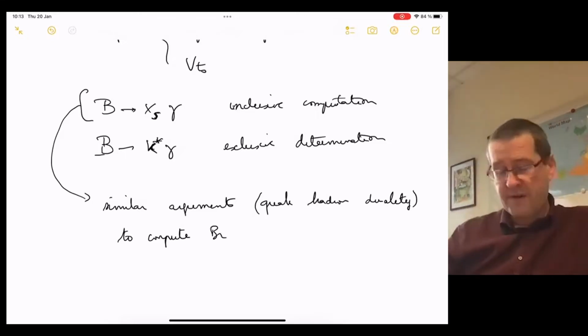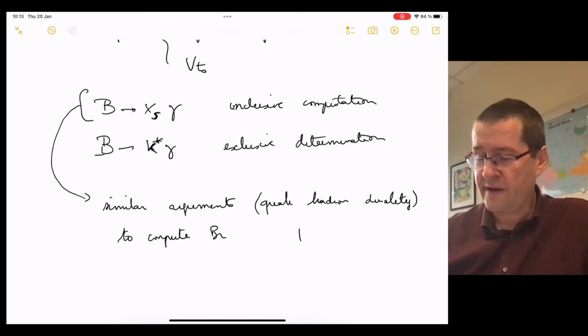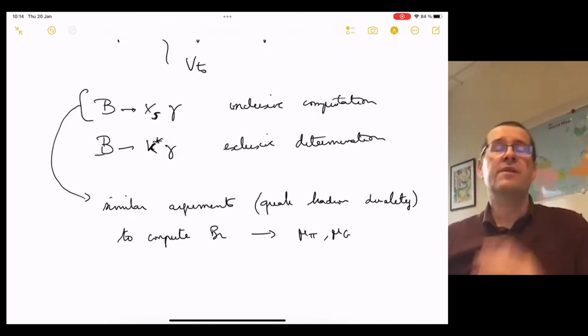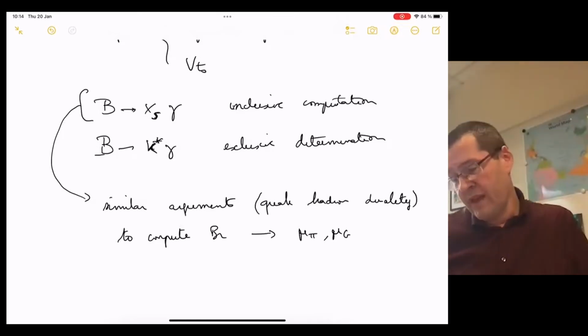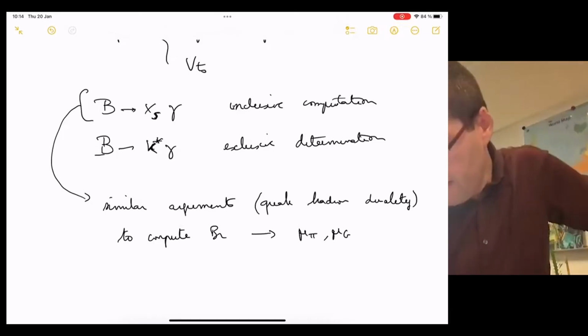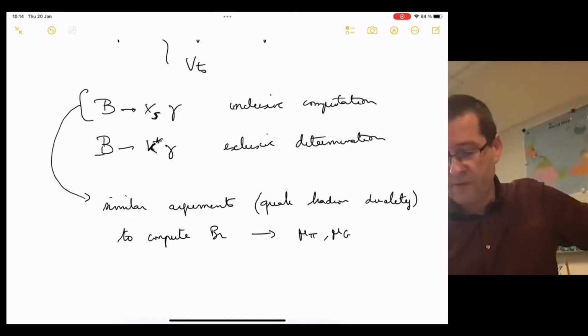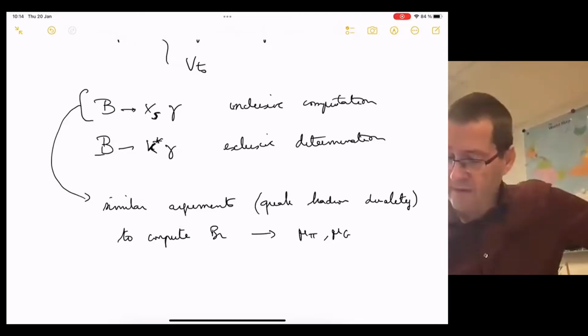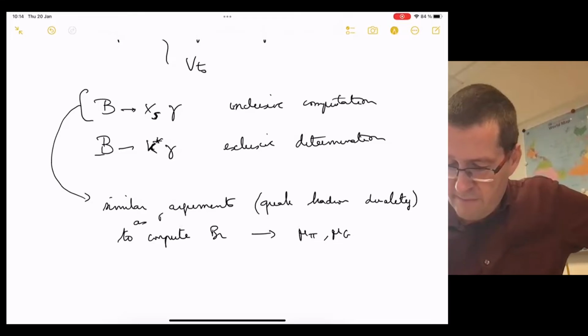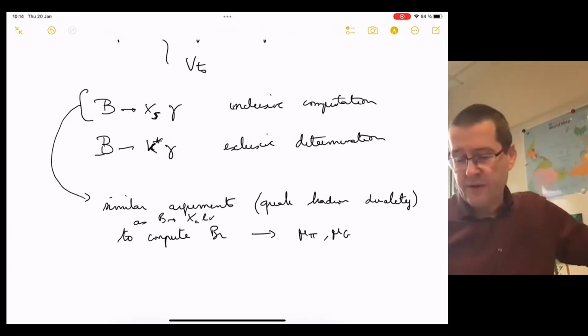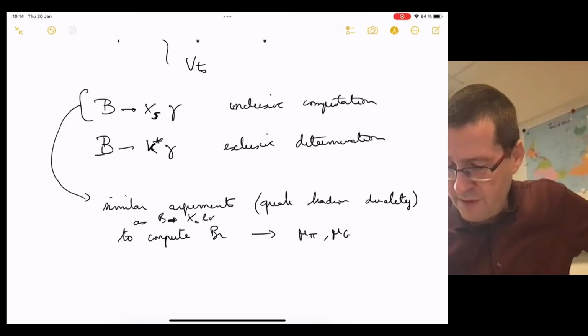And as I said, you have non-perturbative matrix elements of your B that will be involved, exactly the same as for B to XC L nu.